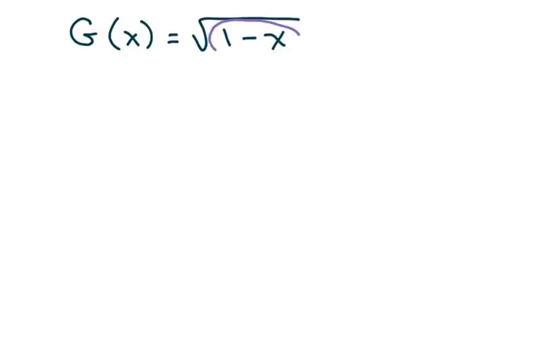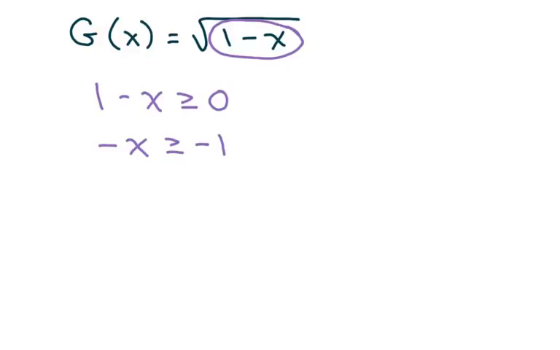Okay, the next one is g of x equals the square root of 1 minus x. So again, we know this quantity in here has to be greater than or equal to 0. So I'm going to set it greater than or equal to 0, and I'm going to get negative x is greater than or equal to negative 1.